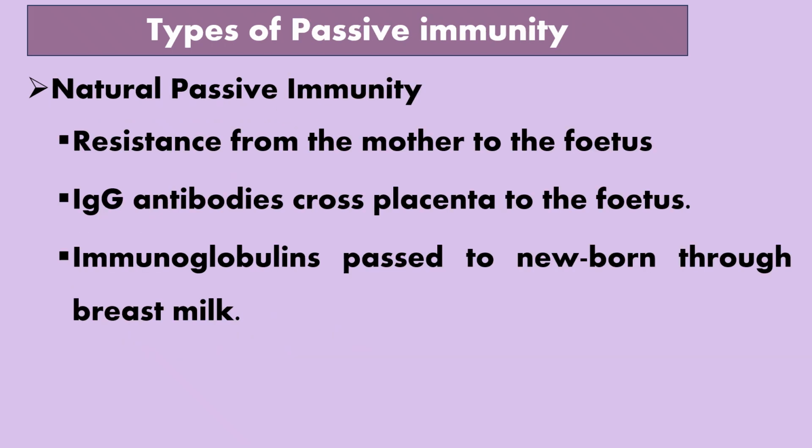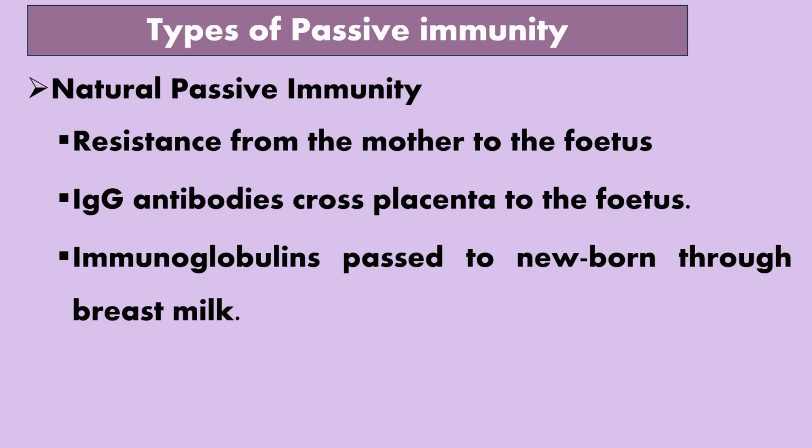Next is natural passive immunity. Natural passive immunity is the resistance which is passively transferred from the mother to the fetus through the placenta. The IgG antibody can cross the placenta to reach the fetus, giving immunity to the fetus. After birth, immunoglobulins are passed to the newborn through breast milk.